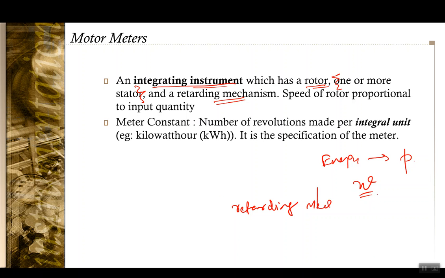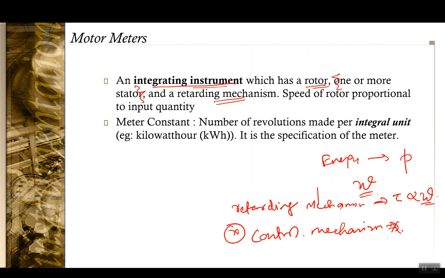And another thing to notice is that you have a retarding mechanism, and you don't have a control mechanism. So you have a mechanism which gives a torque that is proportional to the speed, so that the speed can be kept in control, and you don't have a mechanism that gives a torque proportional to the theta of the deflection, as we had in the PMMC, moving iron, and the electrodynamometer instrument.